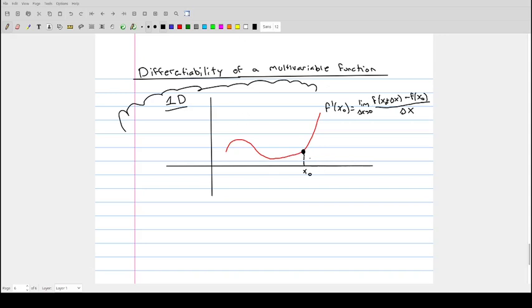And what this means is that the slope of the tangent line, or the linearization of our function, the best linear approximation of our function, is exactly this right here.